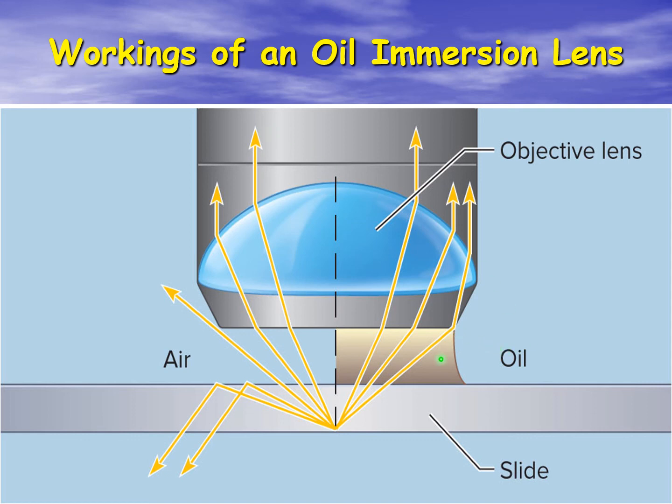When we put the oil on, however, it keeps some of those light waves from being refracted outward and they are then captured inside the objective lenses. And so this will allow, again, a better resolution of the image. Sometime just take a look without oil on your slide and you'll notice it's really, really fuzzy. Then when you put oil on, it becomes very much more clear.